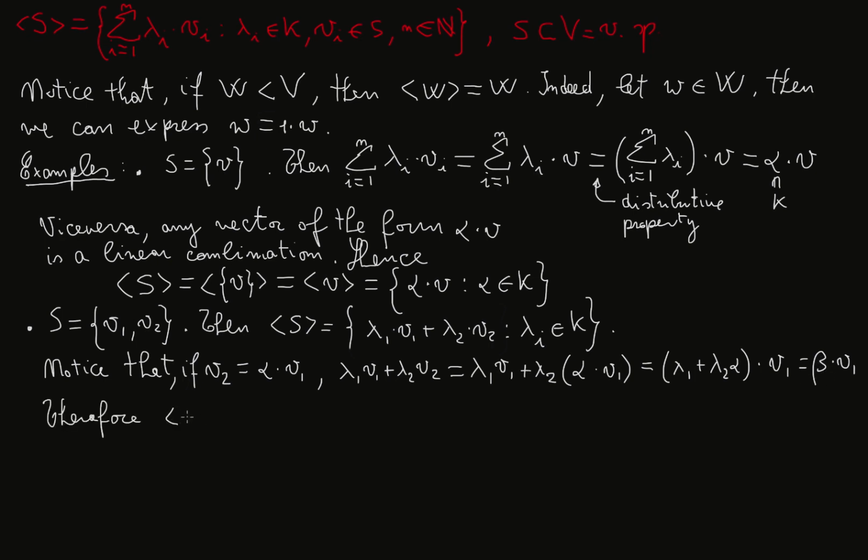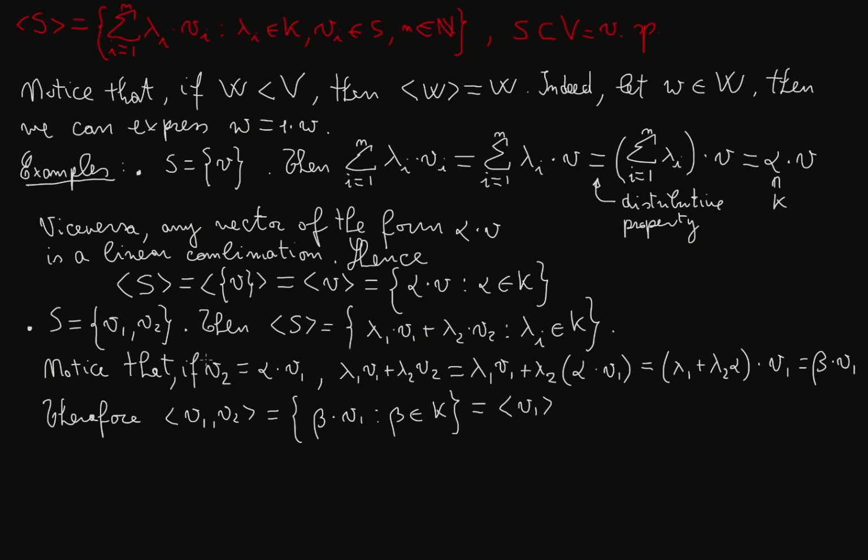The vector space generated by v1 and v2 in this particular case is the same as the set generated by just these linear combinations, beta times v1 with beta in K, varying beta in K, which is precisely as we have seen in the previous example. This is precisely the vector space of this form, where S is just v1, in which we dropped v2.